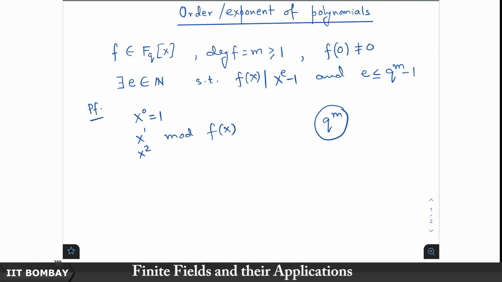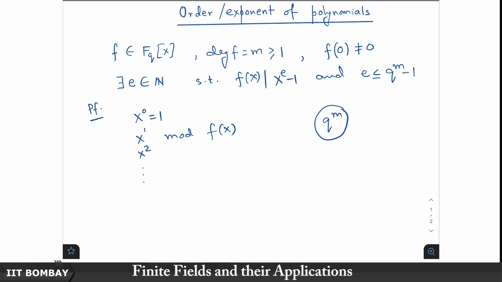And since all these powers are going to give non-zero polynomials, because this f(x) does not have x as a factor, there are q power m minus 1 such polynomials.